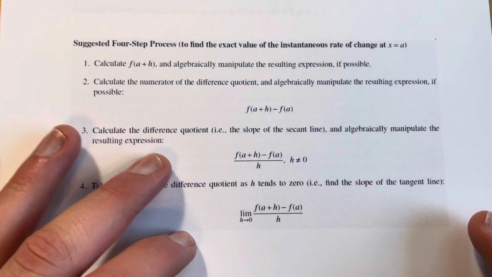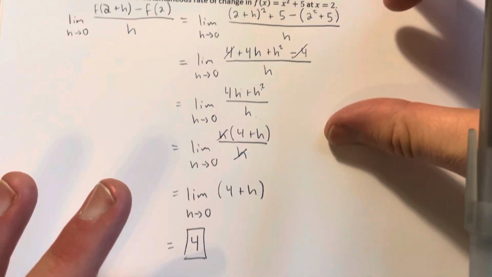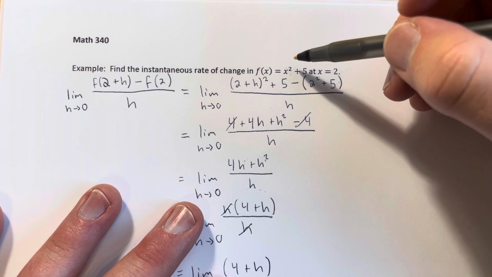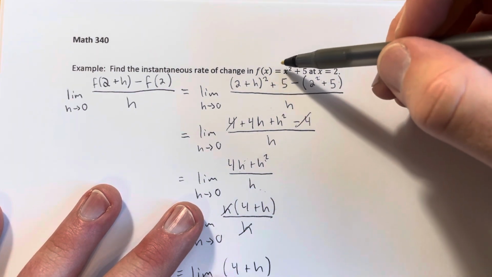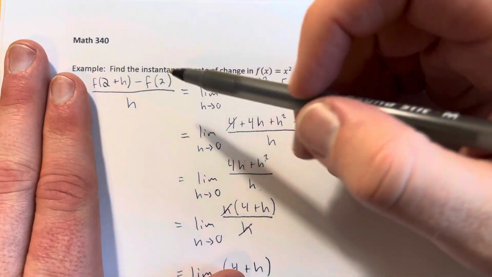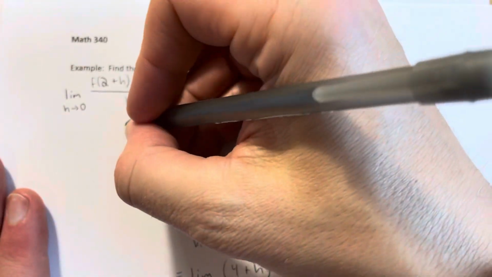So what we just did is we evaluated the instantaneous rate of change in a function using that limit definition. Now, if I remove that limit for a second, this quotient right here is something that we call a difference quotient. I'm going to write that in, difference quotient.